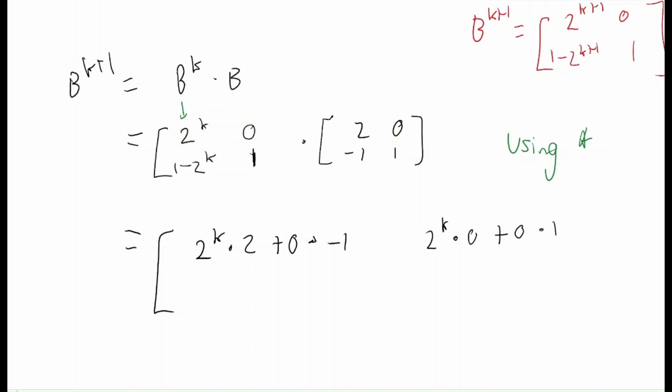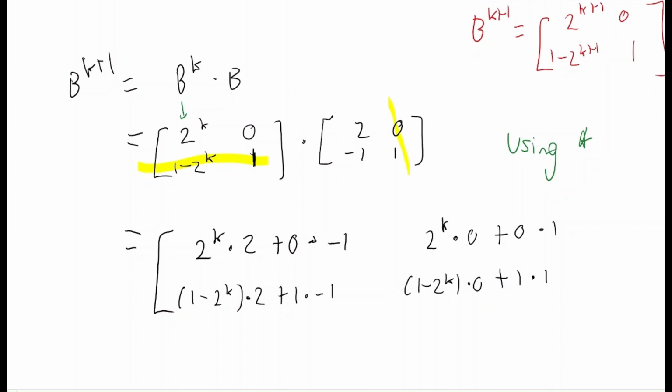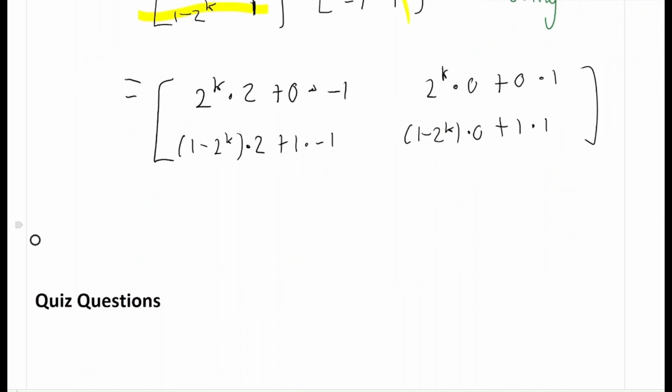Then we're going to do the bottom bit of the matrix. 1 take 2 to the k times 2 plus 1 times minus 1. And then we're going to do our bottom right bit. 1 take 2 to the k times 0 plus 1 times 1. There you go. So it's quite a lot, but it should simplify down nicely.